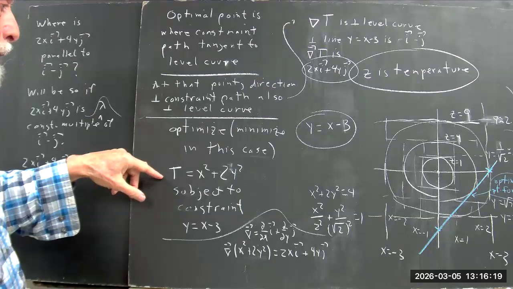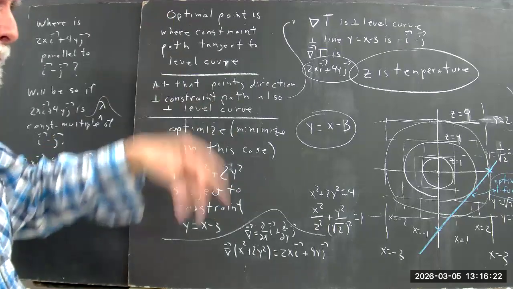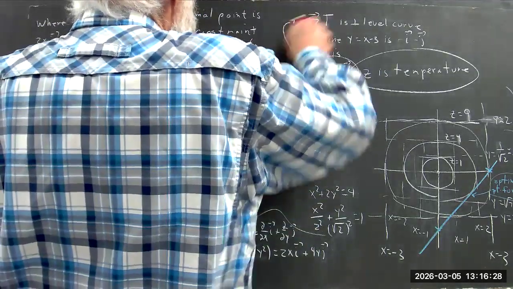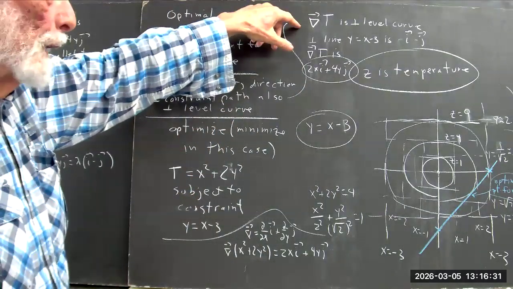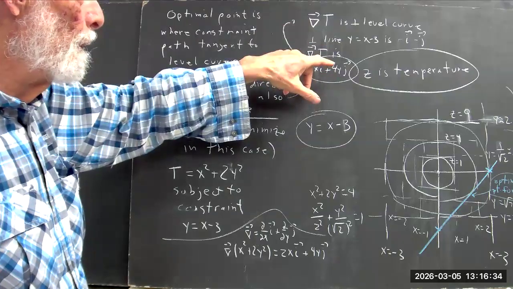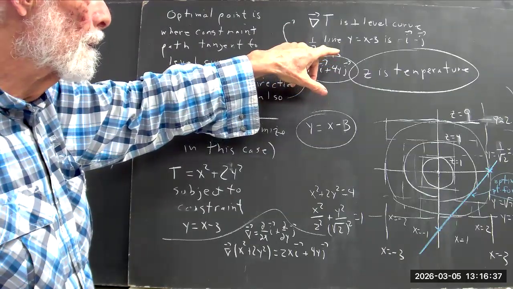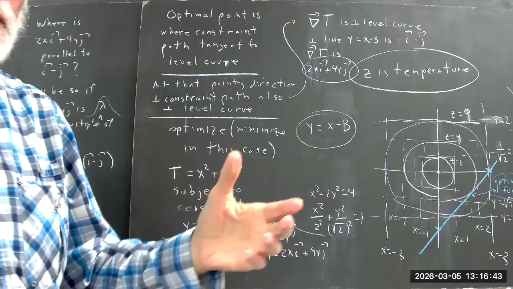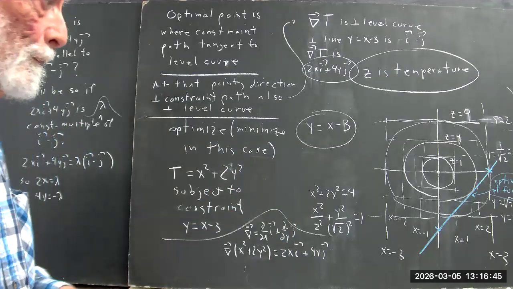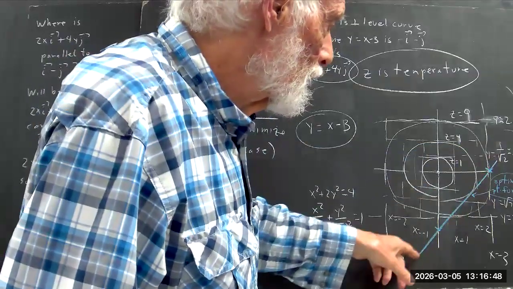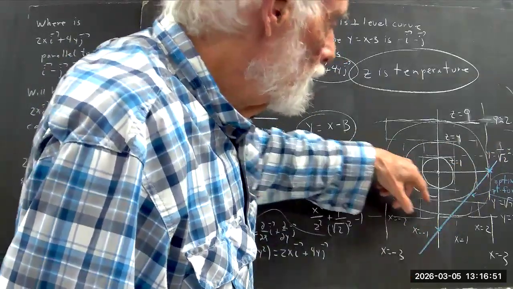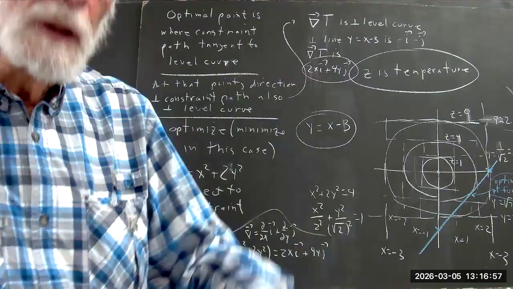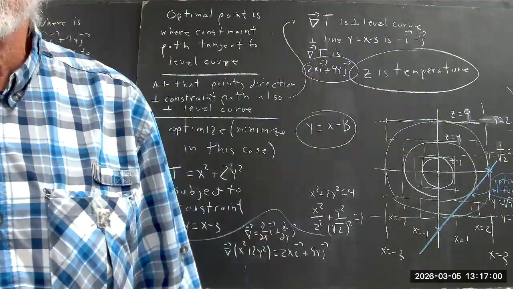Well, if our level curve is T, which is the x squared plus 2y squared function, then the gradient of T, incidentally, that's a vector operator, is perpendicular to the level curve, obviously. The geometry is the constraint path should be tangent to the level curve. That's going to occur where perpendicular to the constraint path is perpendicular to the level curve.